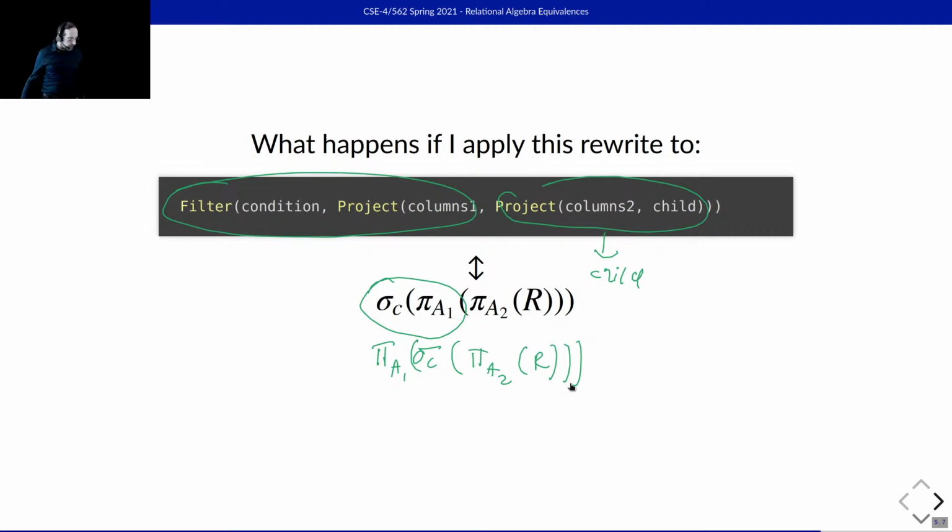Sunny notes that if we keep applying the transformation rule, we'll end up with something that looks like the projection of selection of R. Ultimately, that's what we want to get.